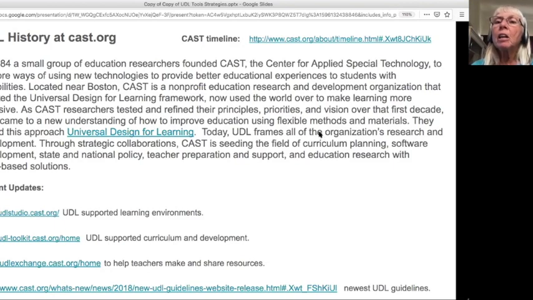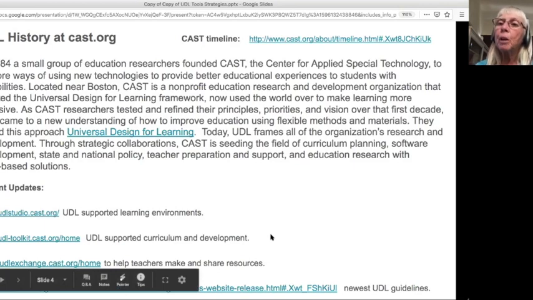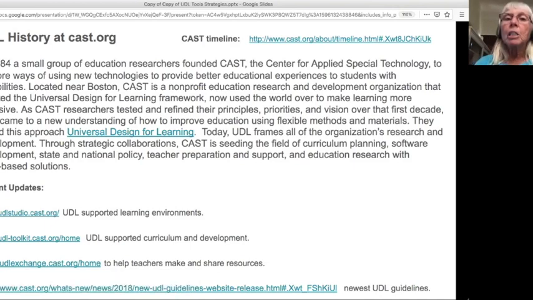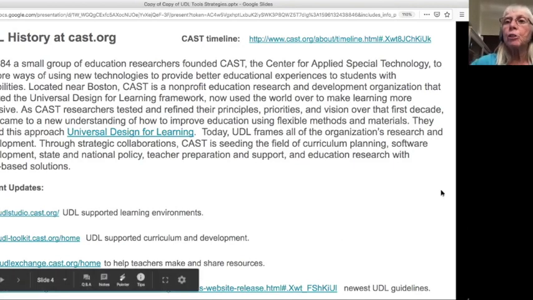So Universal Design for Learning reaches out to multiple organizations and is working on curriculum planning, software development, state and national policy, teacher preparation and support, which is where we come in, and education research with UDL-based solutions. So I put some links in there with recent updates to what's going on at CAST that you may wish to investigate at any time.